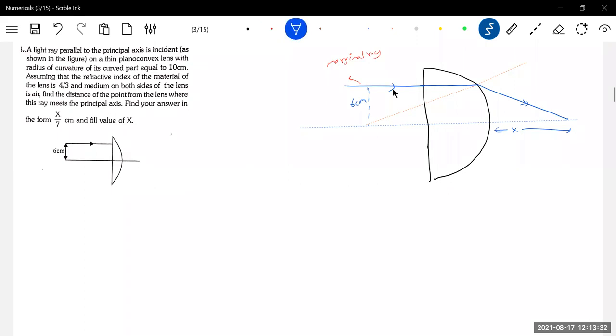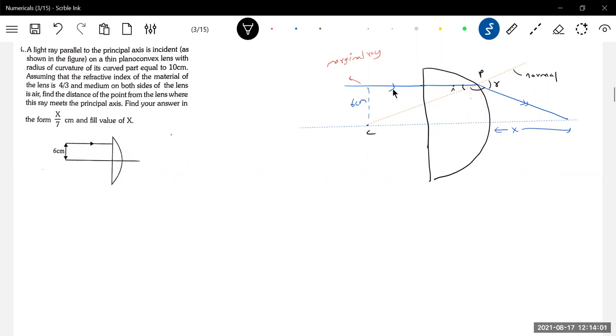This will be the angle of refraction. This is the angle of incidence, theta, or I. This angle of refraction is r, because this will be the normal. This is the point P, you write it. So what can be this angle?